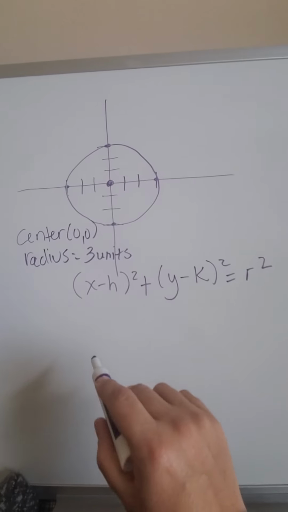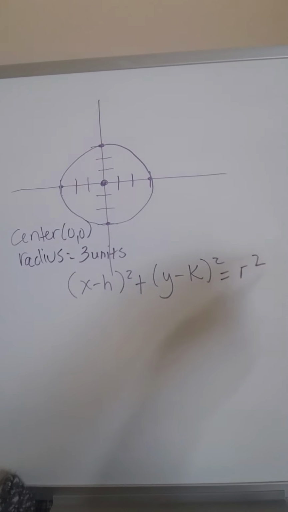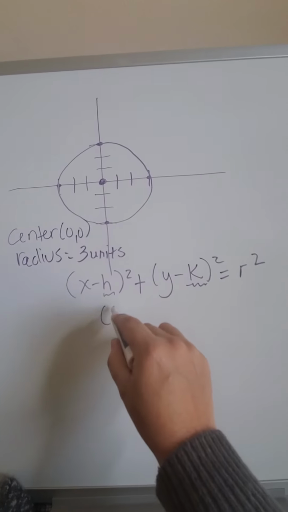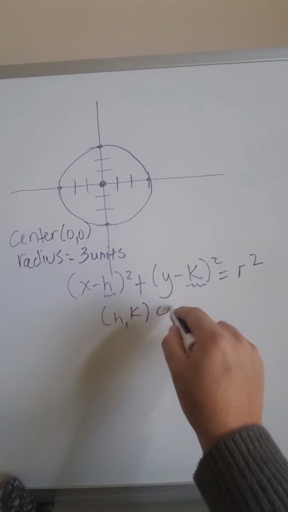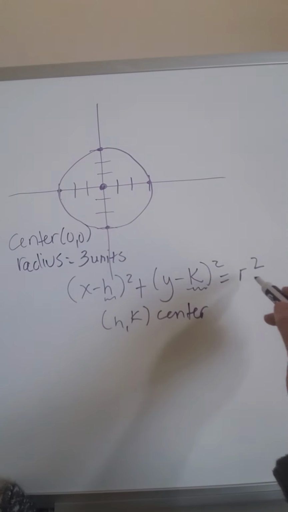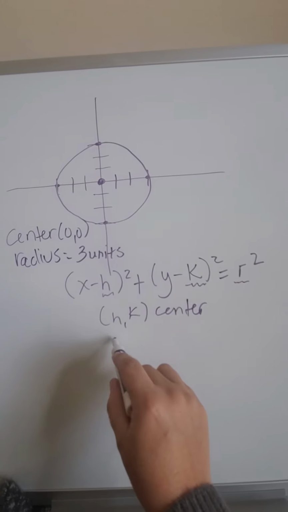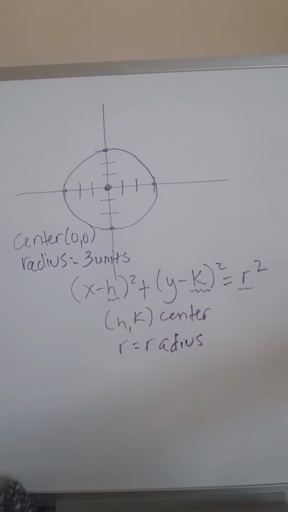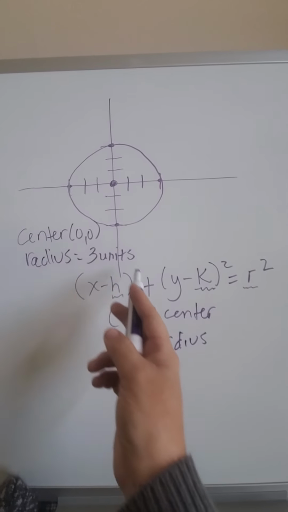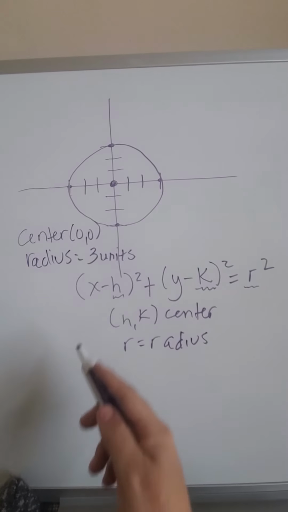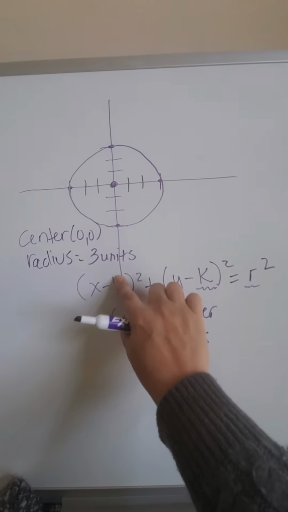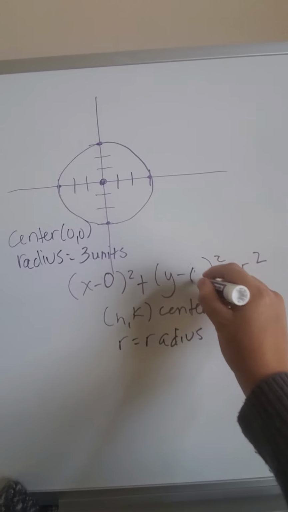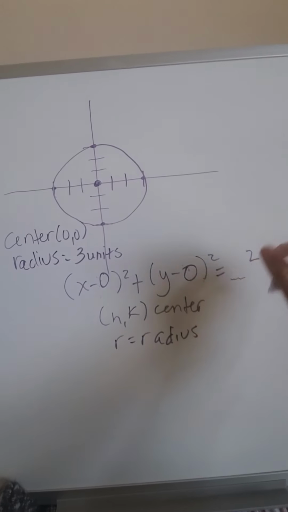Okay, all this is saying is, I've got this equation, and this h and k represent my center, whatever my center is, and r is my radius. Make sense? Okay, so if I was to plug in this, I would have a 0 here, because my center is 0, 0, and my radius is 3, so I'd put a 3 here.